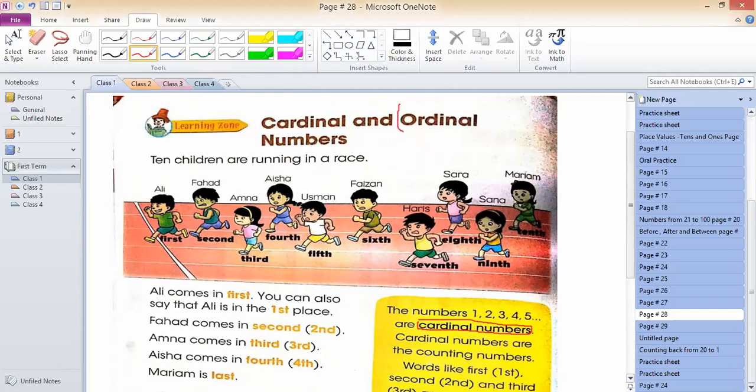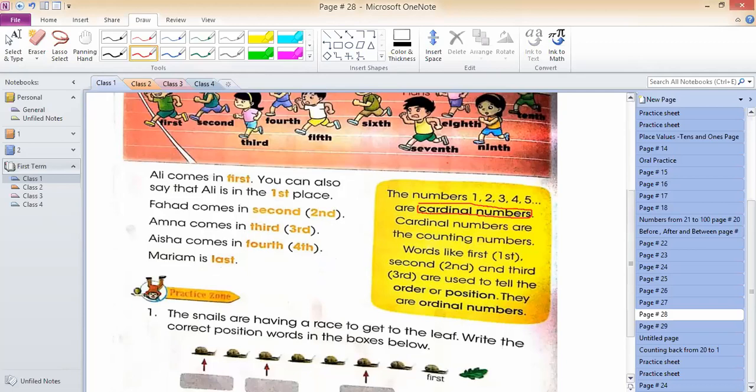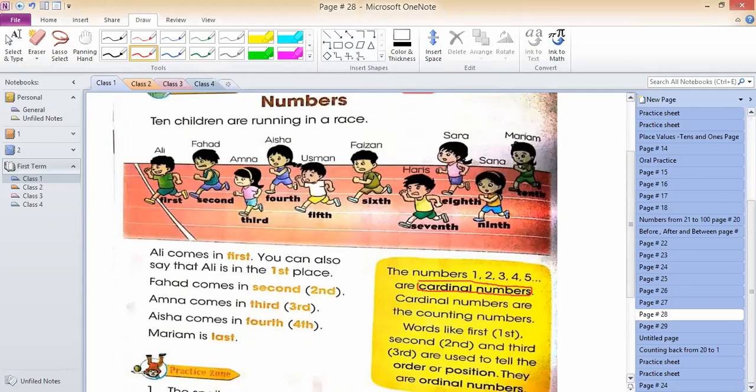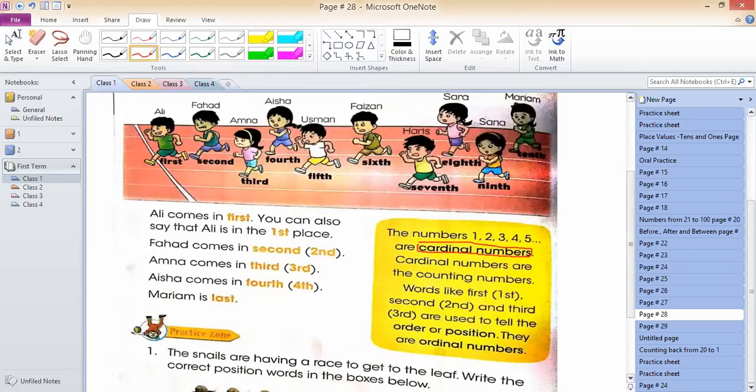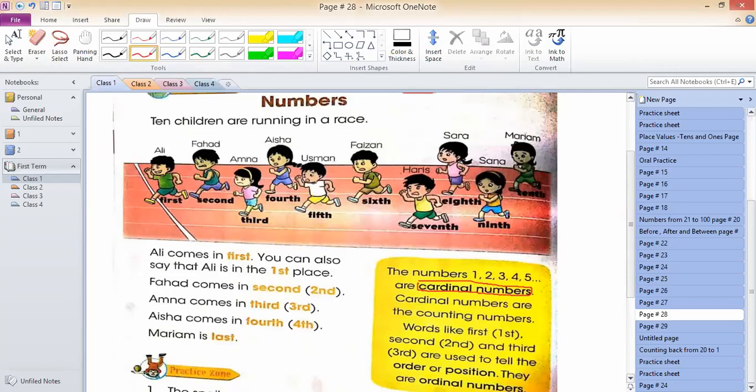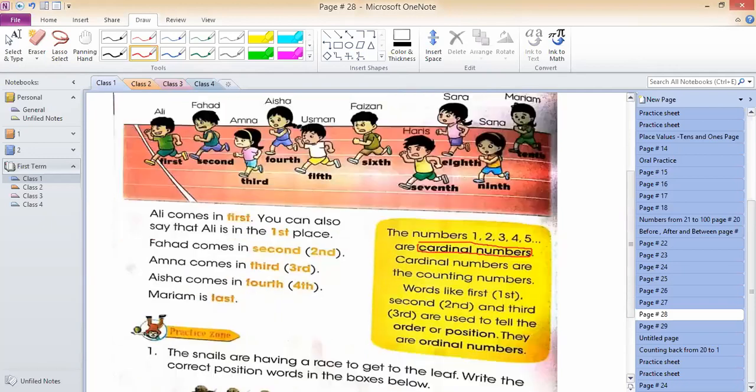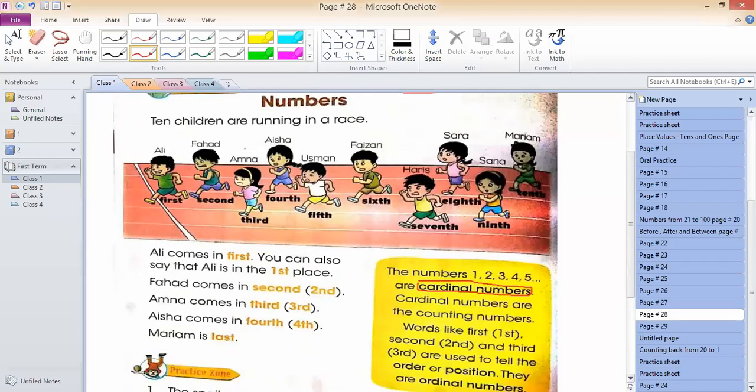So, ordinal means where order has some importance. Ordinal numbers are the numbers which are used to tell the position or order of something. Again, I'll take this example which is in the book, guys. Although there are 10 students participating in the race, if you look at Ali, he is at the finishing line.